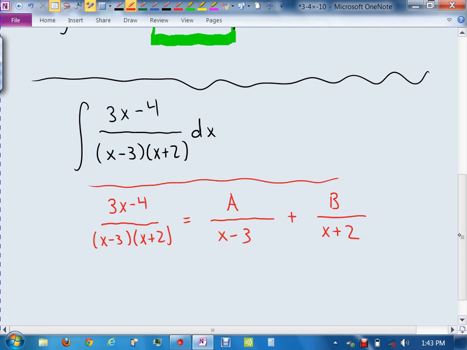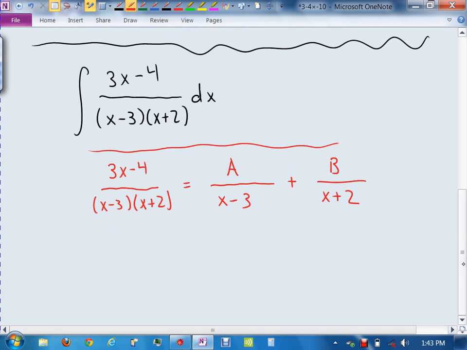Now, I'm not going to go through the whole thing. LCD on both sides, right? If you do LCD on both sides, you get 3x minus 4 here. Over here, you get A(x plus 2), and then plus B(x minus 3).